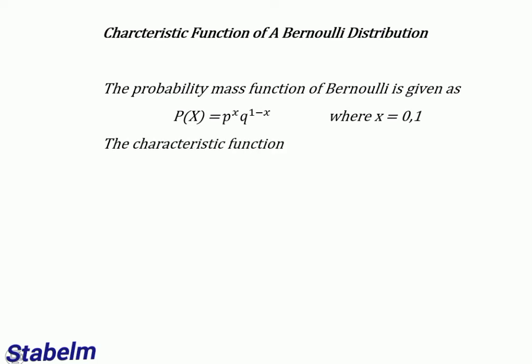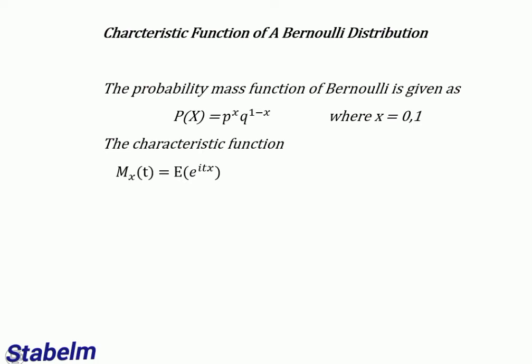Now let's look at the characteristic function. The characteristic function is given as M subscript X of t equals E of exponential iota tX. Some statisticians prefer not to use M to indicate the characteristic function.